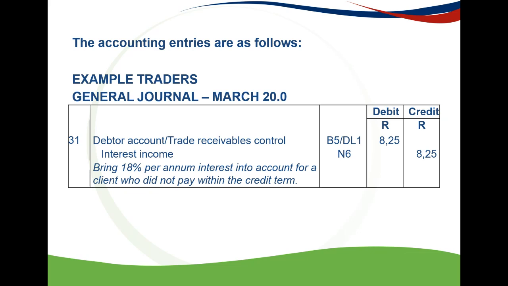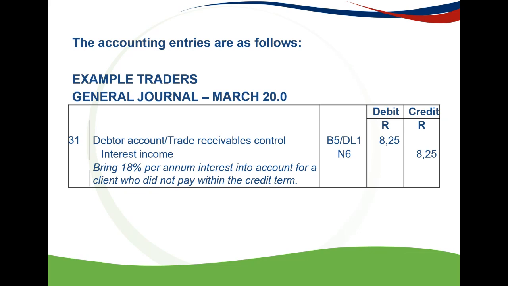Now, what you will do is you will debit the account of the debtor and also the trade receivables control account, because remember, with your debtors, you have your debtors ledger, or your trade receivables ledger, where there's an account for each and every debtor. And then you have your control account in your general ledger, which is the trade receivables control account.